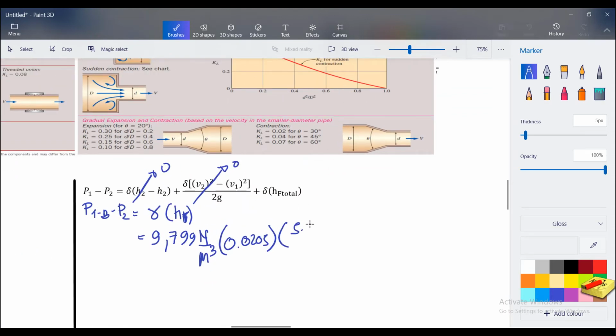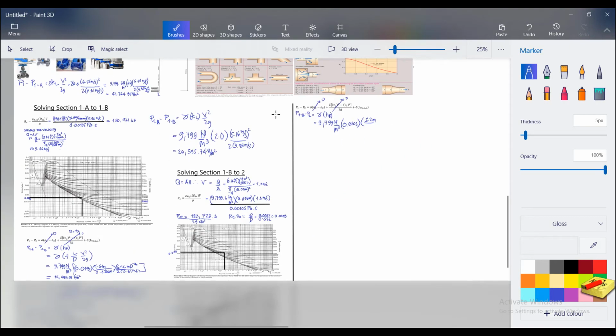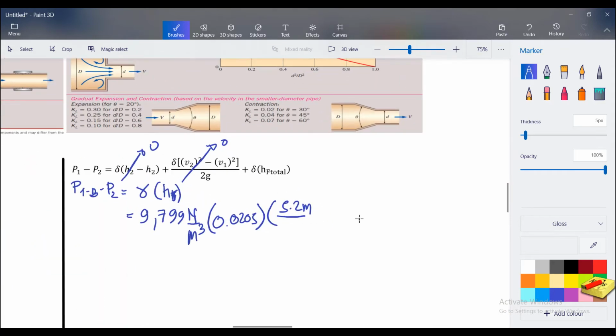So 5.2 meters divided by the inside diameter, L over D. So we have 16, so this will become 0.016 meter.